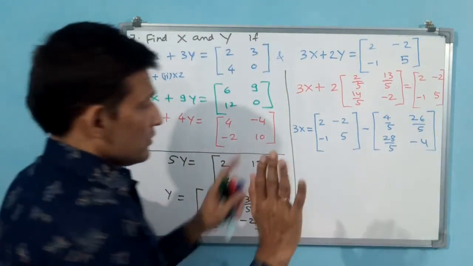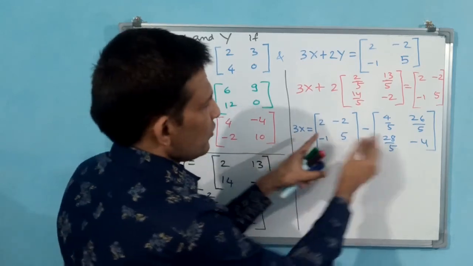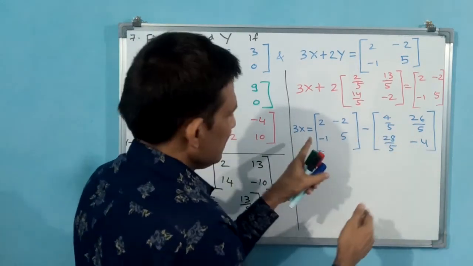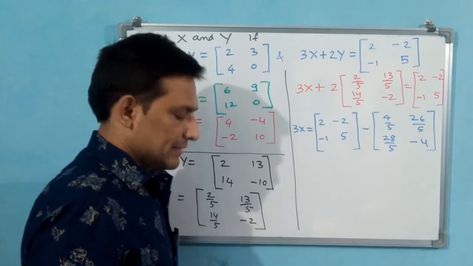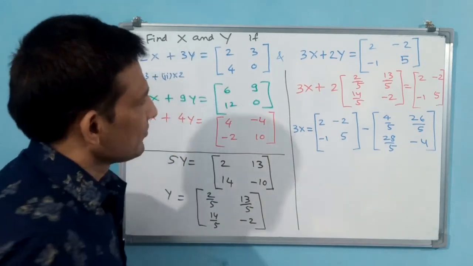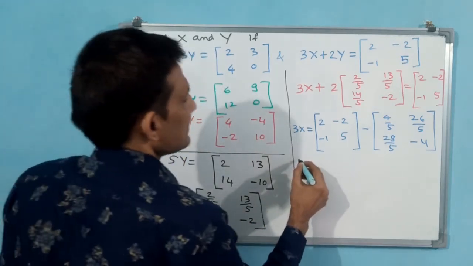You find 3x first only. You try to subtract this, then finally you are going to find x. Like that you have to do. Let us do 3x is equal to.